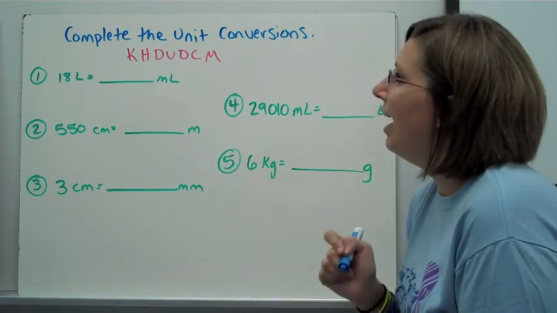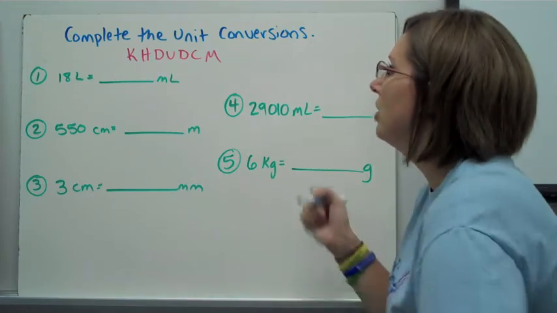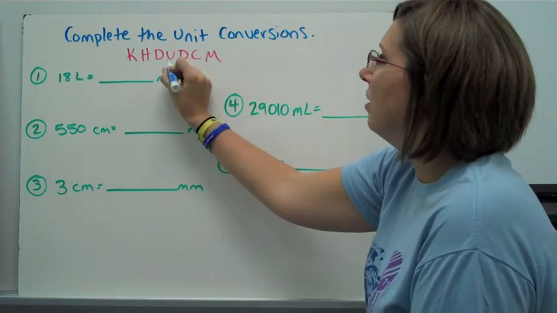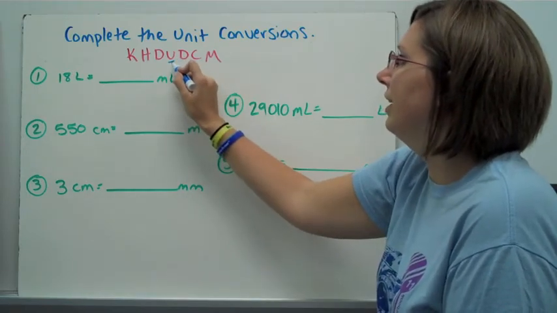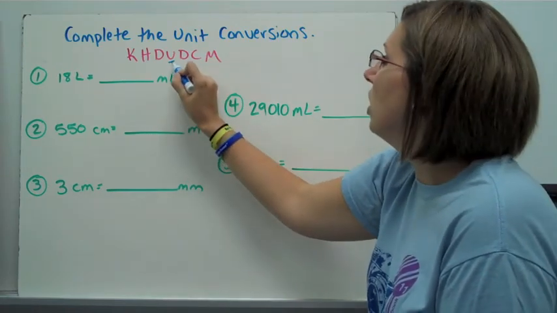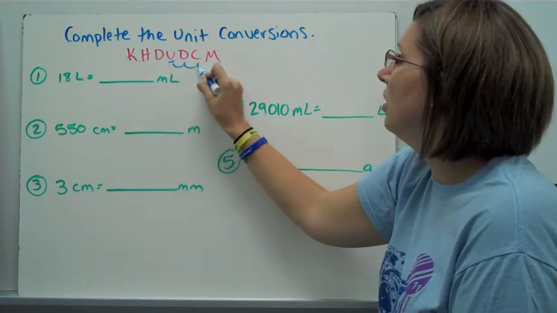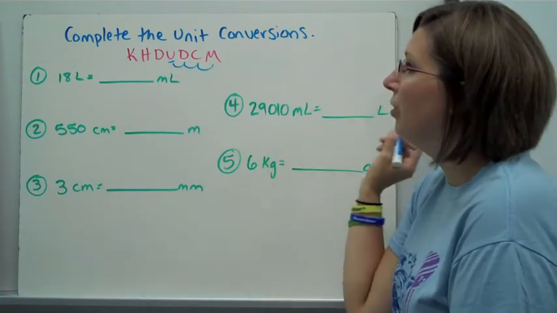All right, so we have 18 liters, and we want to know how many milliliters that is. If I have liters, that's my unit, and I want to go to milliliters, and this is what milliliters looks like as an abbreviation. So I need to move my decimal 3 spaces to the right.